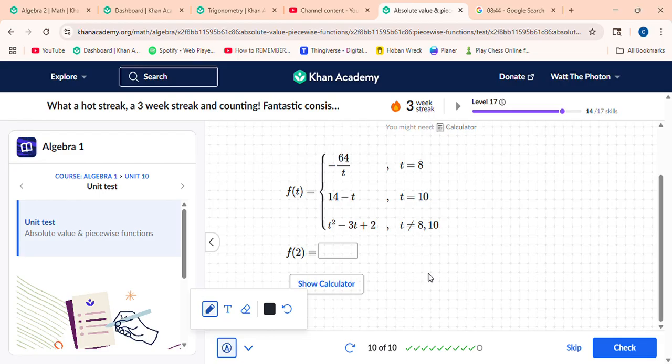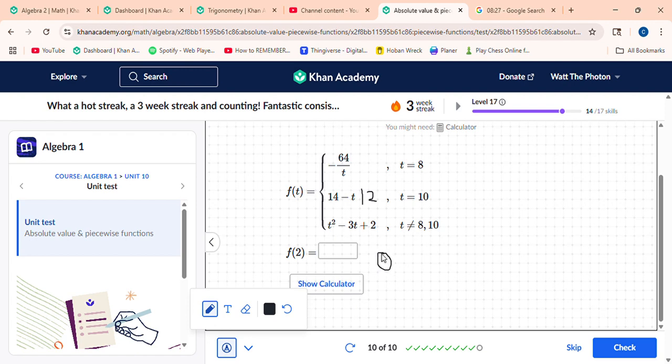If I put 2, we get 12. 4 minus 6, we get 0. 2, we get -32. So for t equal to 8, you get this. T is equal to 10, you get this. For t not equal to 8, 10.